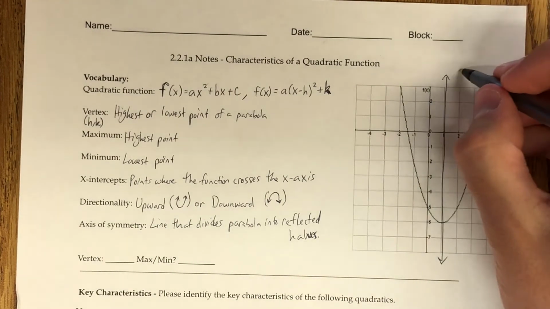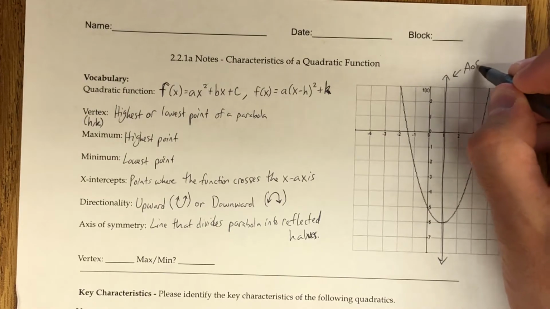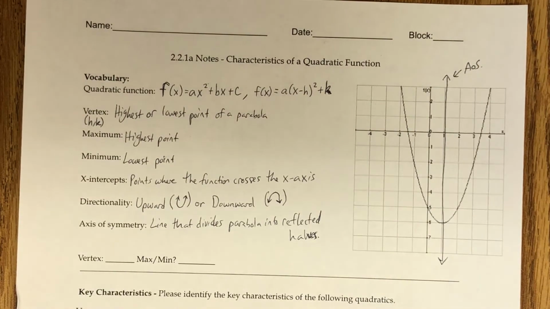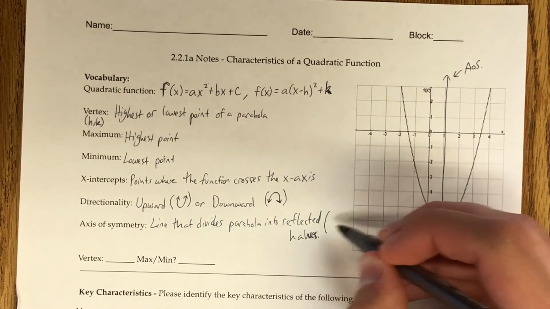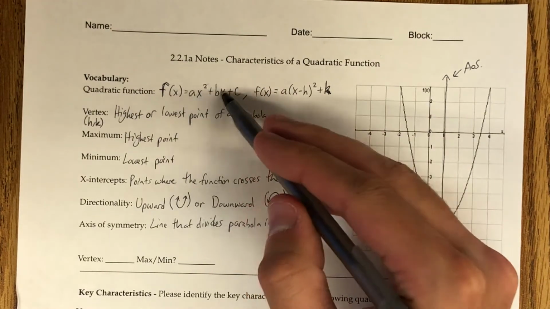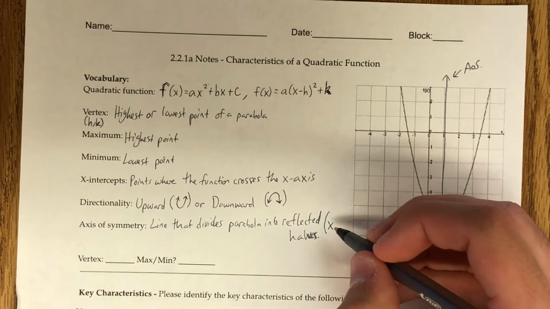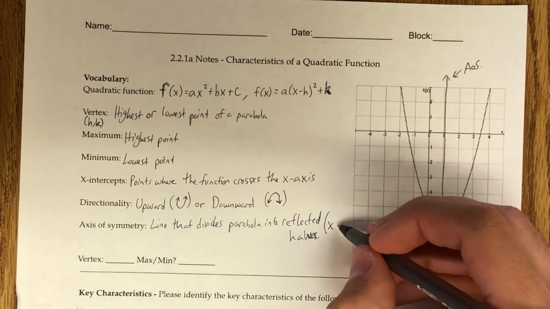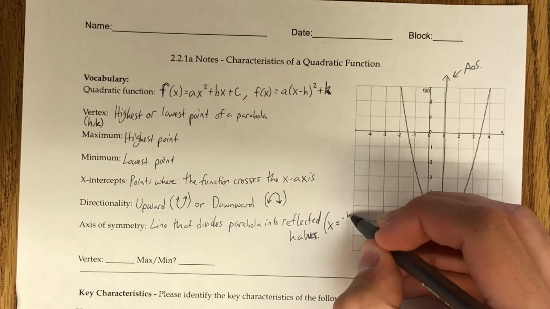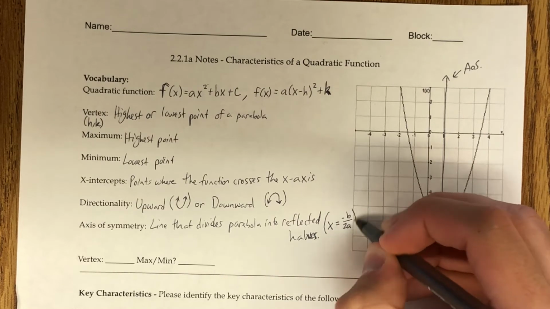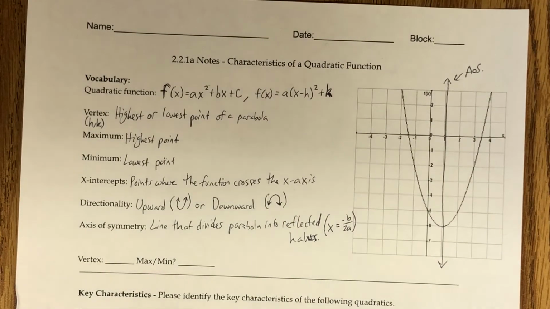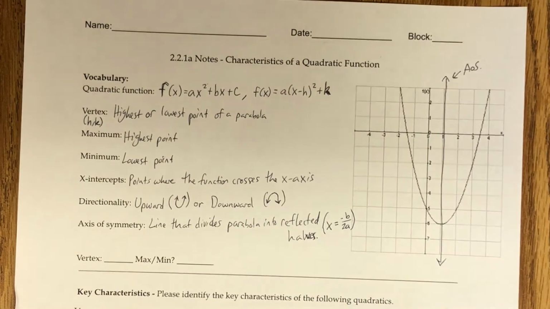So this would be our axis of symmetry. The way we find it, in reference to this first function, is x equals negative b over 2a, which is something we won't get to exactly in this set of notes, but in one later in this unit we will.